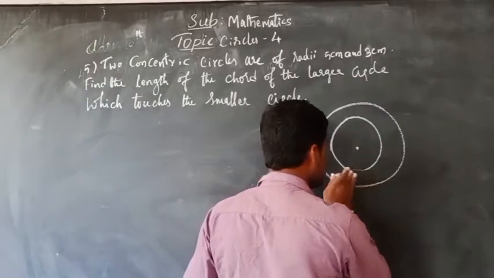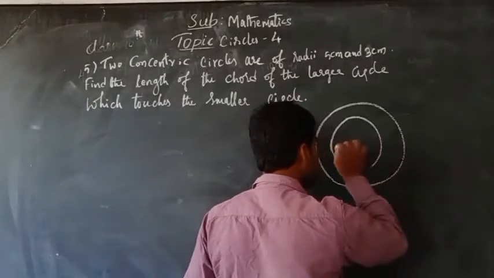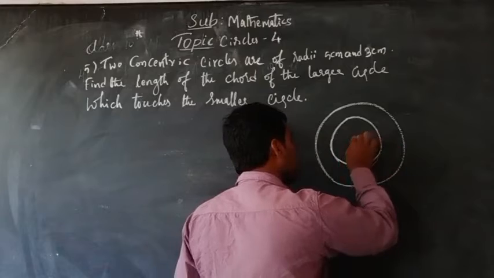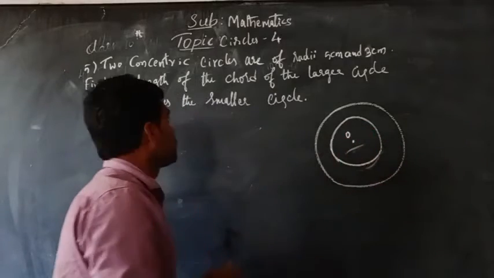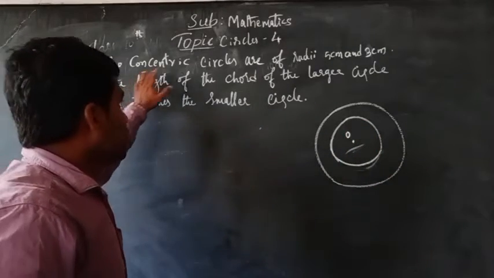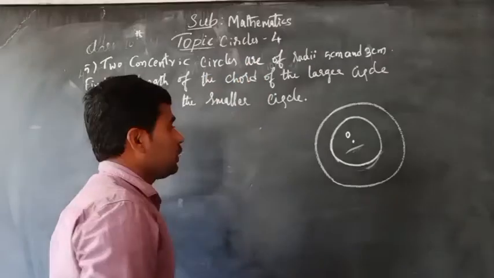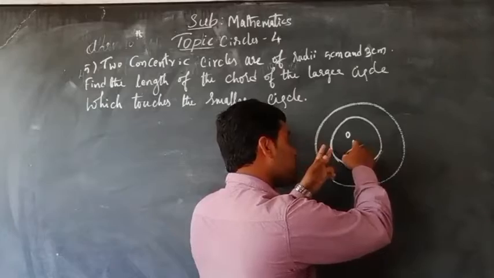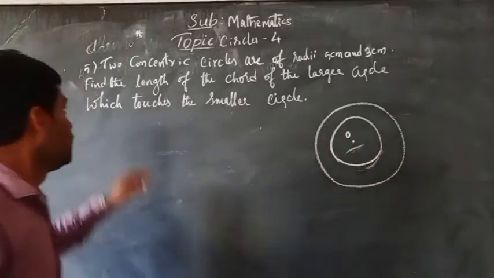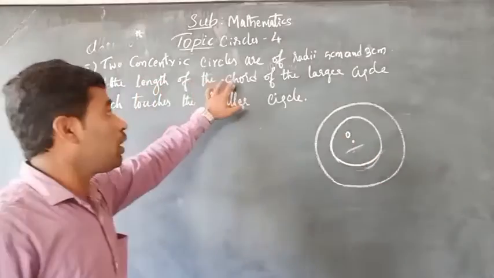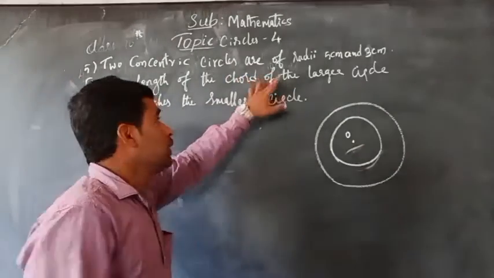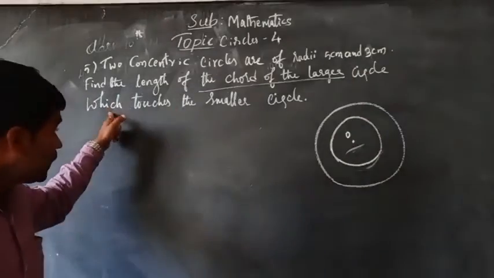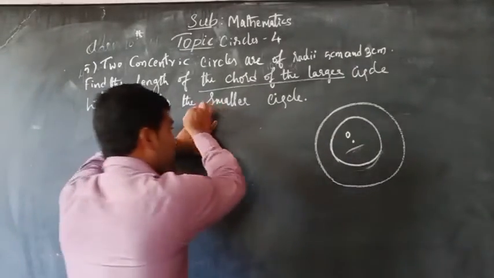While observing these two concentric circles with center O, the given radius of the larger circle is 5 centimeter and the radius of the smaller circle is 3 centimeter. Find the length of the chord of the larger circle which touches the smaller circle.